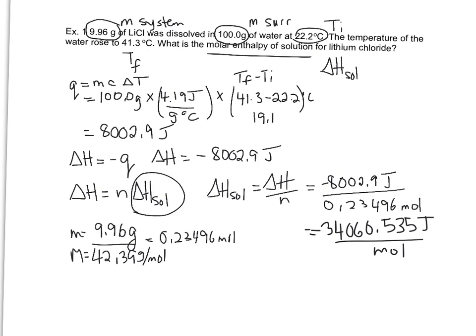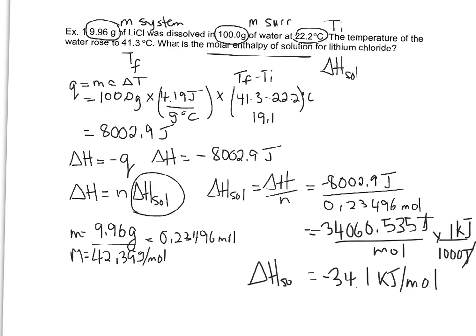Change joules to kilojoules. There's 1,000 joules per kilojoule. So you divide that by 1,000, and 34.06 or 34.1 kilojoules per mole is our molar enthalpy of solution for lithium chloride.